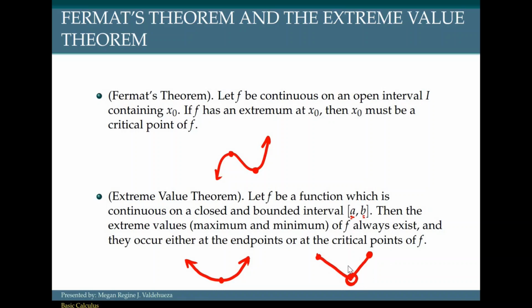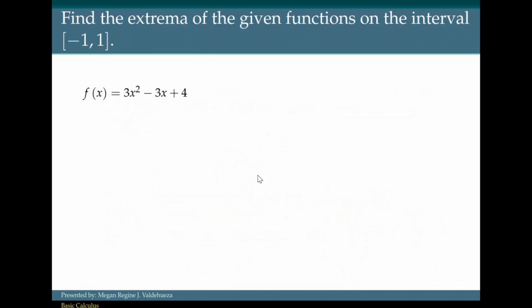So for example, find the extrema of the given functions on the interval. When you say extrema, that is the minimum and the maximum values. So we have the closed interval -1 to +1, with endpoints -1 and 1. So again, same steps.